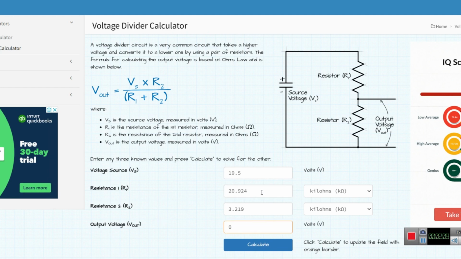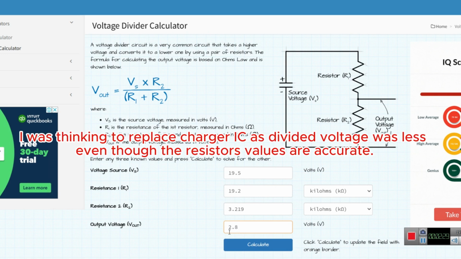If we have 19.2 kilo ohms, we should get 2.8 volts, which is appropriate for the charger IC as a valid adapter. I'll try to remove this charger IC and replace it with a brand new one and see whether the AC detect voltage comes around 2.8 volt.